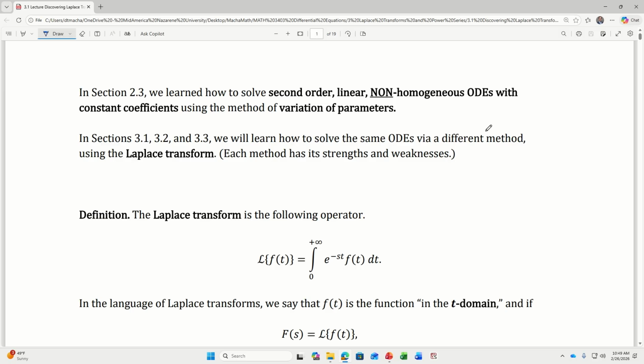There are some things that variation of parameters can do that Laplace transforms can't, and there are some things that Laplace transforms do really well that variation of parameters kind of struggles with. So there's a little bit of motivation to learn both methods.